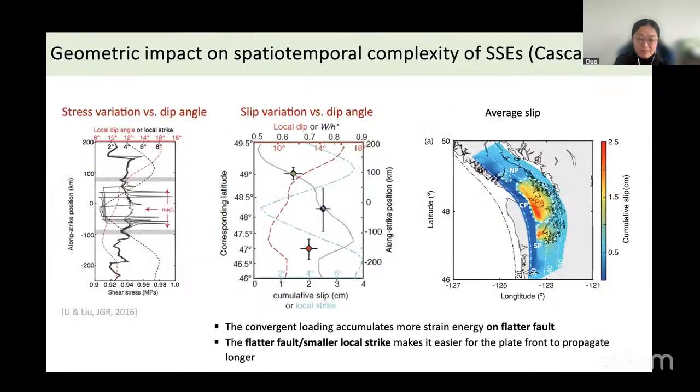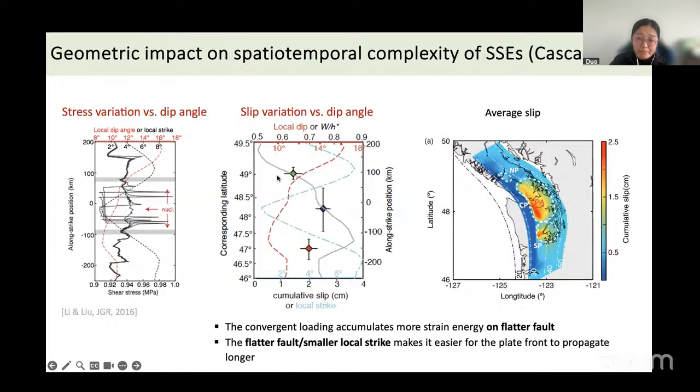In terms of explaining what is a key parameter in the slow slip, in this area we find the relation between the average slip of each slow slip episode with the dipping angle or the spatial variation of dipping angle.